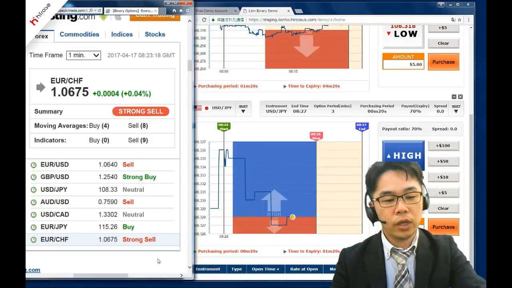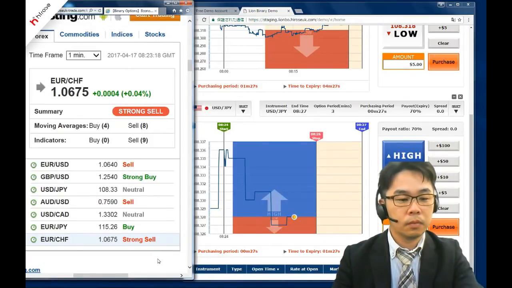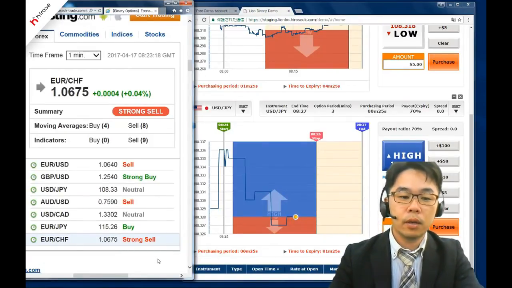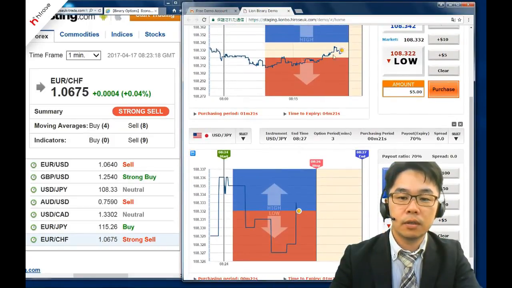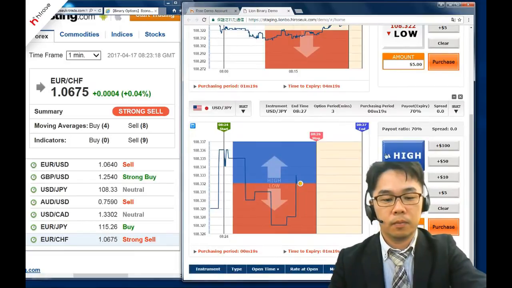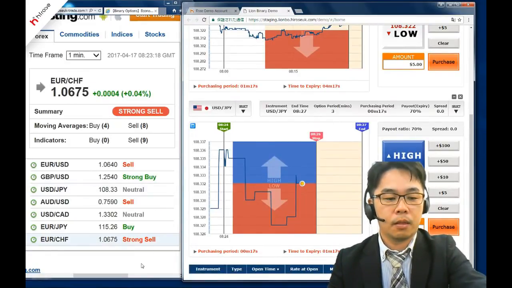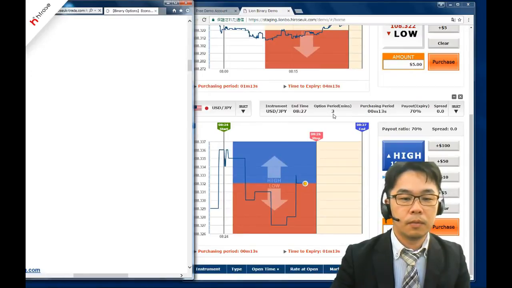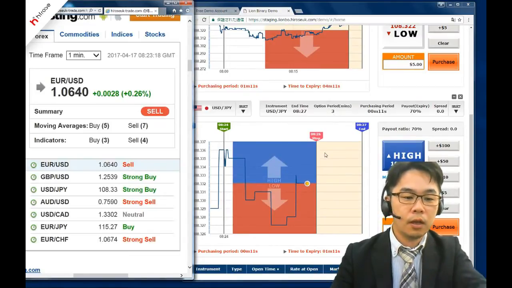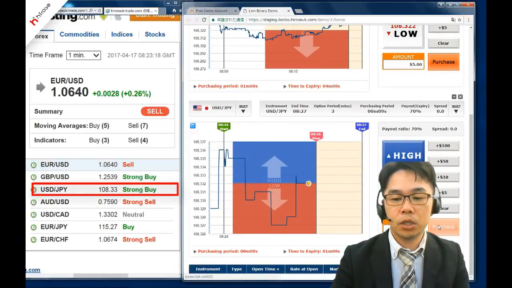Okay, still showing neutral. Wait a little bit. Checking the chart. See? Okay, now it's showing strong buy, so purchase high.